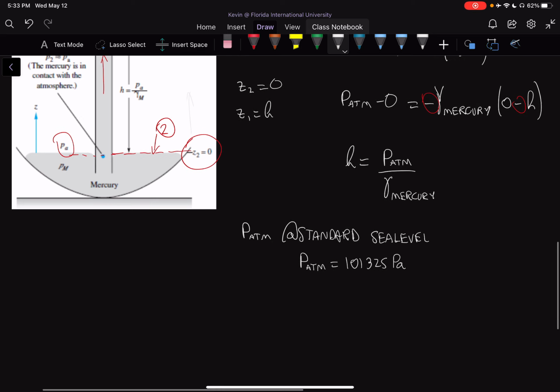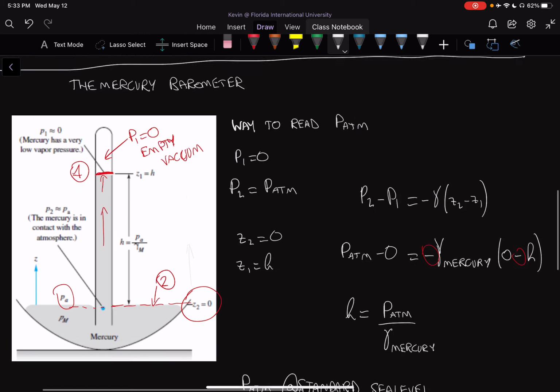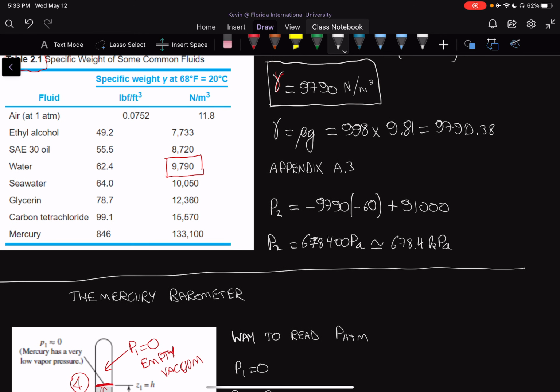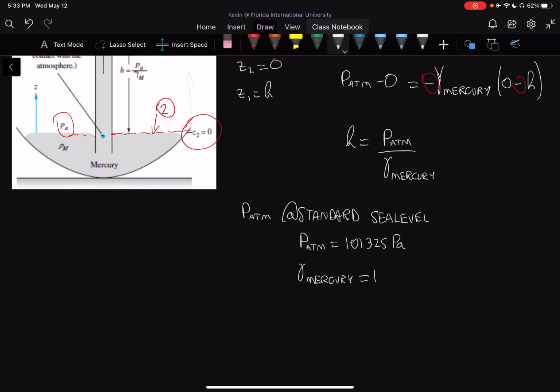And we also know that the specific weight of mercury, which can be found in table 2.1, we have mercury here at the bottom, is equal to 133,100 newtons per meter cubed. And so if we plug into this equation, we get a height of mercury of 0.761 meters, which can be rewritten as 761 millimeters. And this is how we would measure the atmospheric pressure.